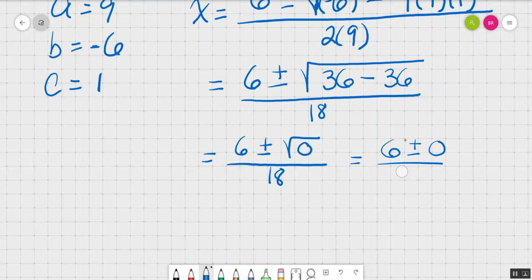Why do I want to change this to a 16? Stop doing that, crazy teacher. So what happens here is, as you look at this, I'm adding and subtracting nothing. So I get 6/18, or 1/3. This can happen to you. You also can get only one solution.